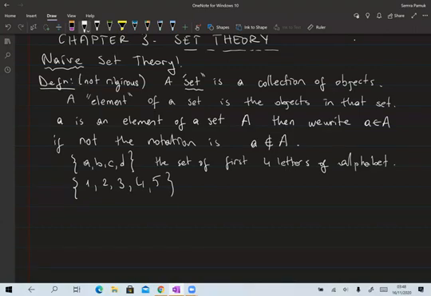For example, in calculus, to define limit and continuity, all of those things you are defining on a set. There is an underlying set there.